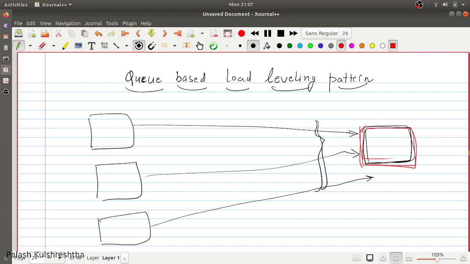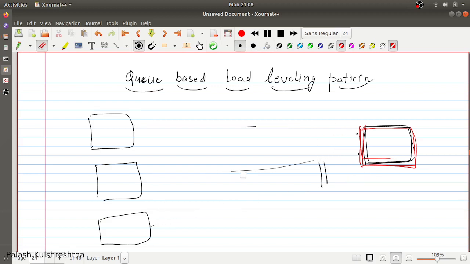So what you can do is, instead of directly sending requests to your target system, the target system can create a queue in front of it so that all the requests are queued in the queuing system.